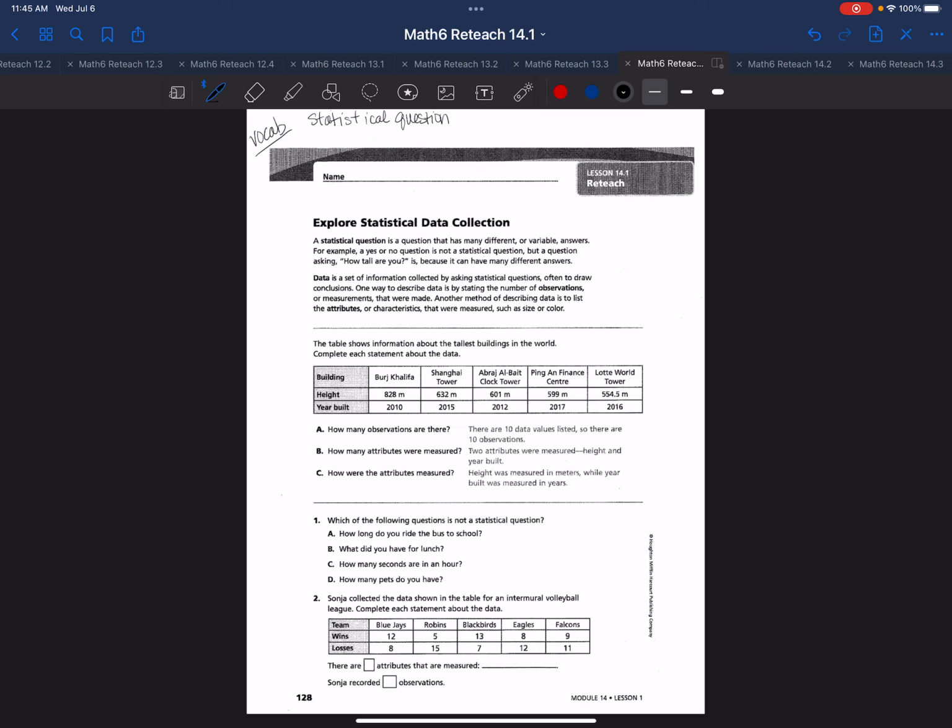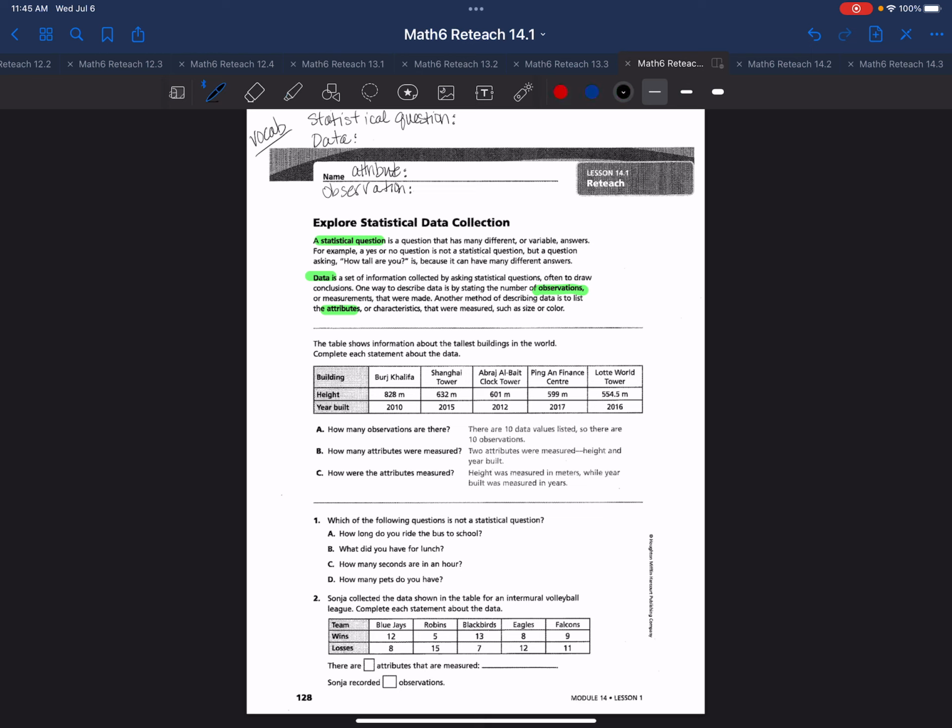So we have statistical question, data, attribute, and observation. We have 4 of them today to review.